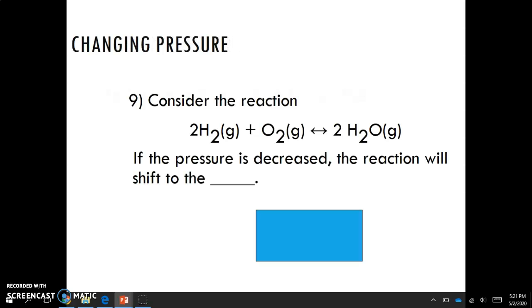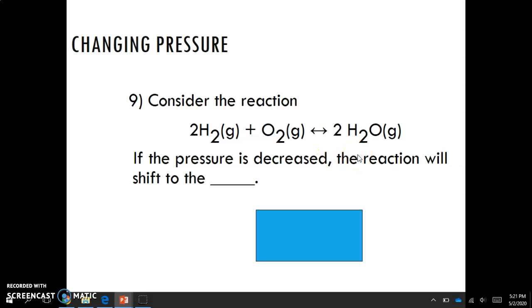So let's take a look. We have a reaction here. We've got hydrogen, oxygen as our reactants, and then we've got water as our product. So it says if the pressure is decreased, the reaction will shift where? So again, if we're seeing a decrease in our pressure, we're going to want to shift to where there's more molecules, so more moles. So here we've got 2 moles of hydrogen gas, 1 mole of oxygen gas, so 3 moles on the left.